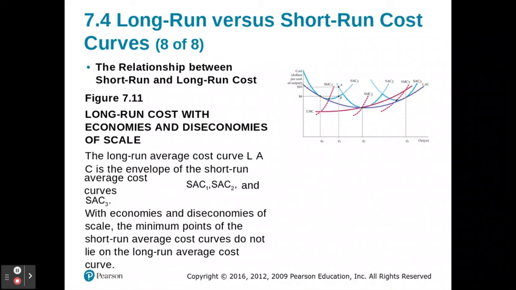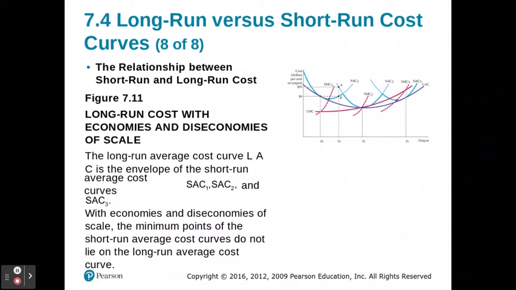So basically, the long run average cost curve, its shape is an envelope of the short run cost curves. If we look at these points where the short run marginal cost intersects the lowest point of the short run average cost curve, if we traced out all of those various short run average cost and short run marginal cost curves and where they intersect at the minimum, that shapes the lower bound of the long run average cost curve.